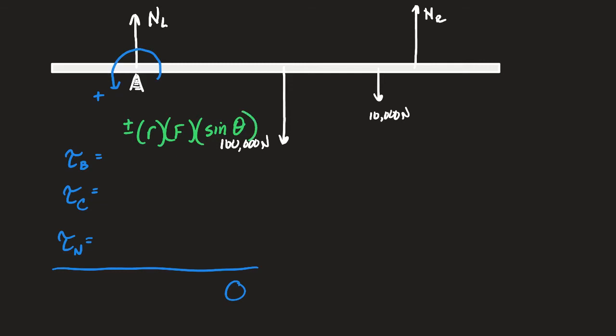So every torque has to have all 3 pieces identified, and then decide if it's plus or minus. So we'll start with the bridge. In order for us to use this as our pivot point, we need this distance, because that's the torque arm length. The whole bridge is 100 meters.